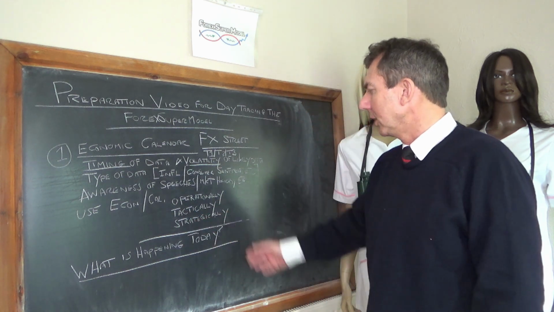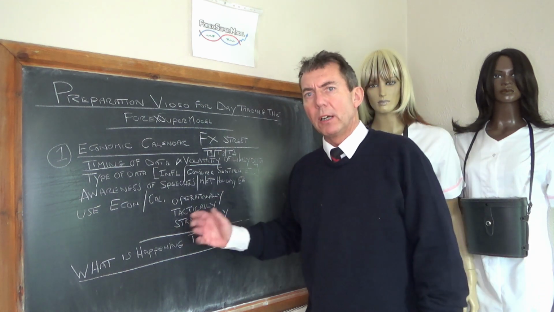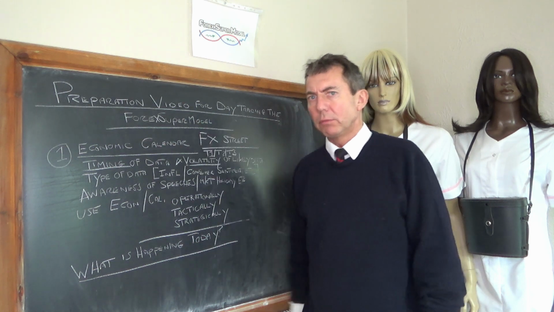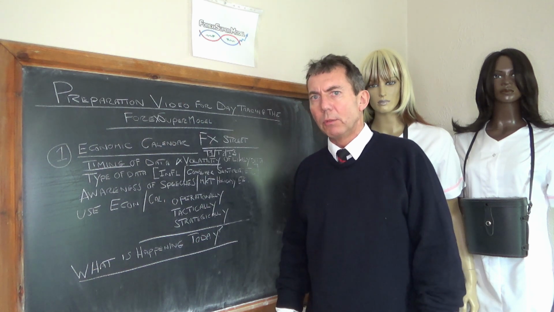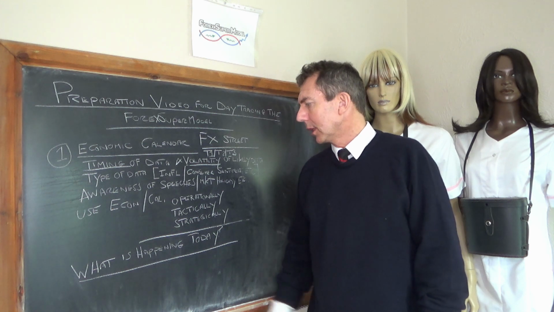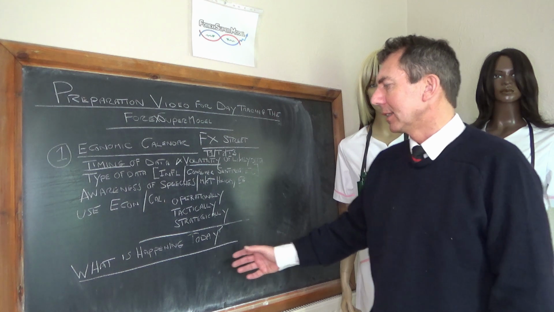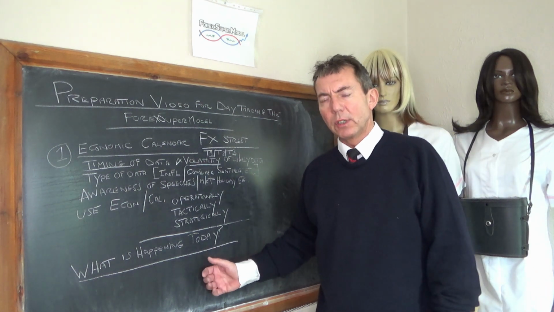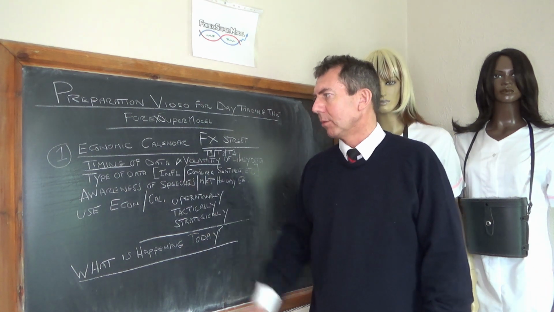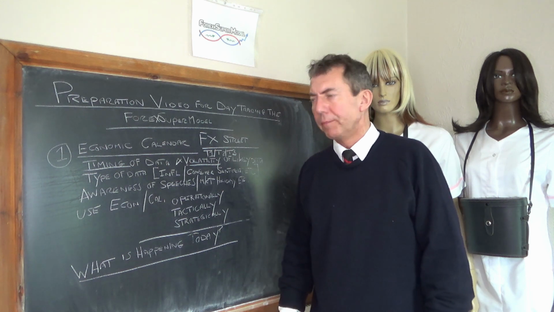And we can use it strategically, which is a longer term view. We're looking into next week probably and beyond to see the way things are swinging. So really what's that about? It's about what is happening today. That's the question you're trying to answer from the economic calendar, whichever one you use.